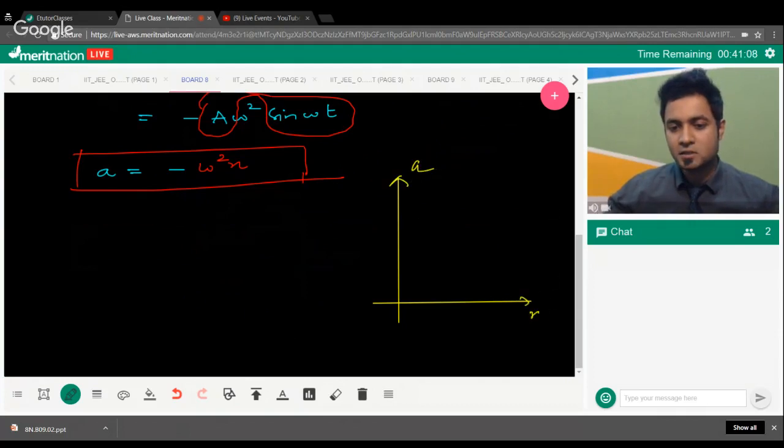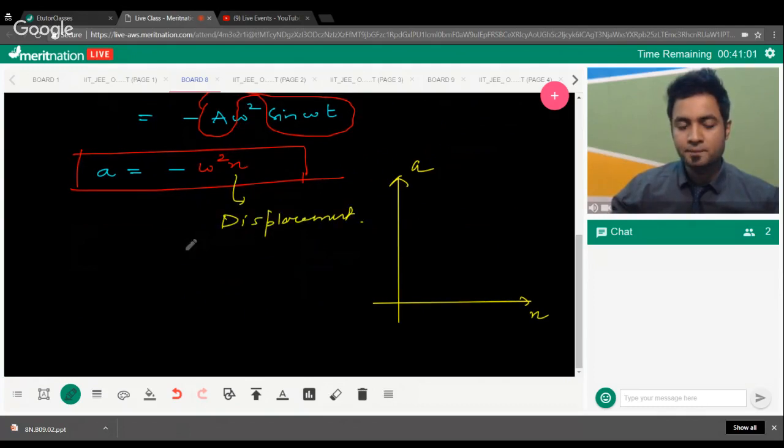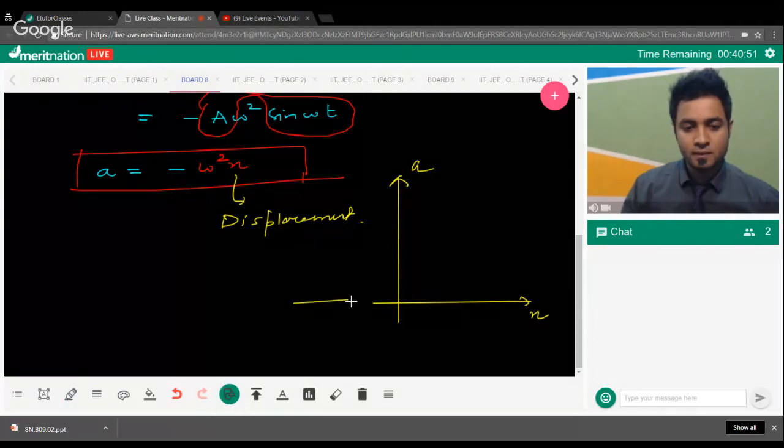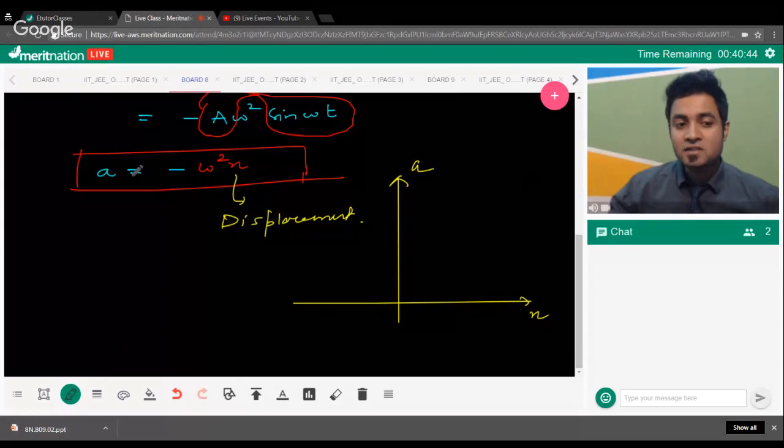Here x is the displacement, guys, remember this is the displacement. If you build a graph between acceleration and displacement, you can see that the acceleration is directly proportional to the displacement here.